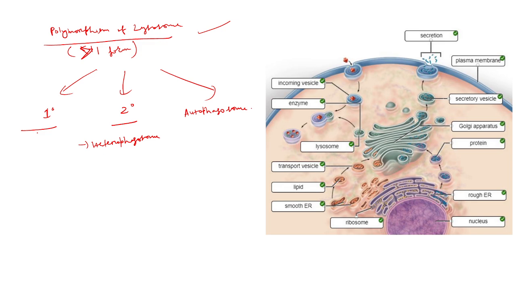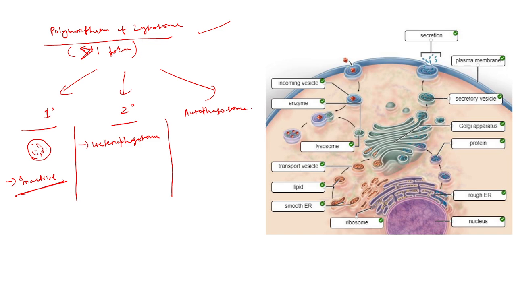So what is the primary lysosome? In this primary lysosome, the hydrolytic enzymes are present, but in the inactive condition. Inactive means the enzymes are present, but not active.